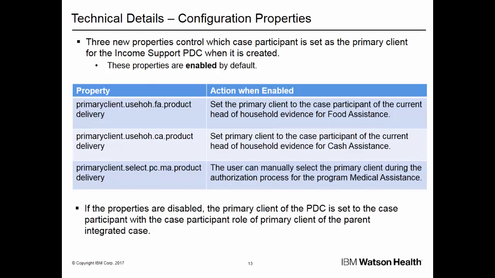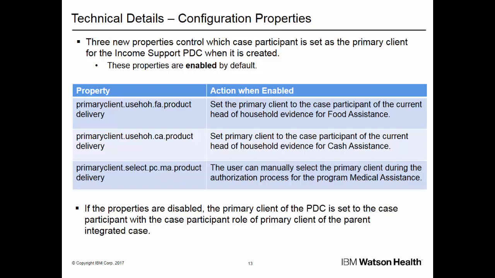The new properties control which case participant is set as the primary client for the income support product delivery case when it's created. The properties are enabled by default. When the properties are enabled for food assistance and cash assistance, the household member in the integrated case with the current FA or CA head of household evidence record is used as the primary client.